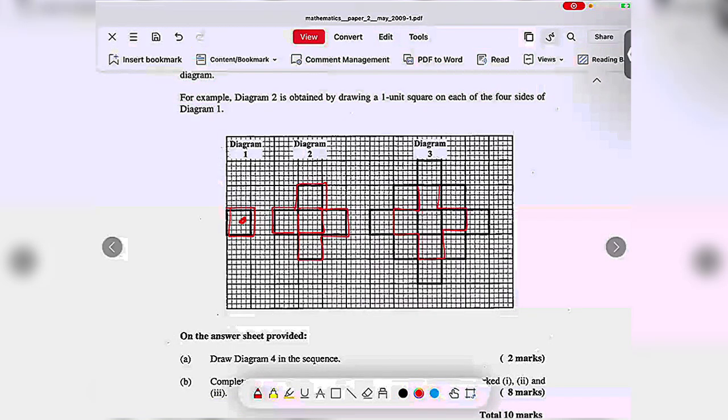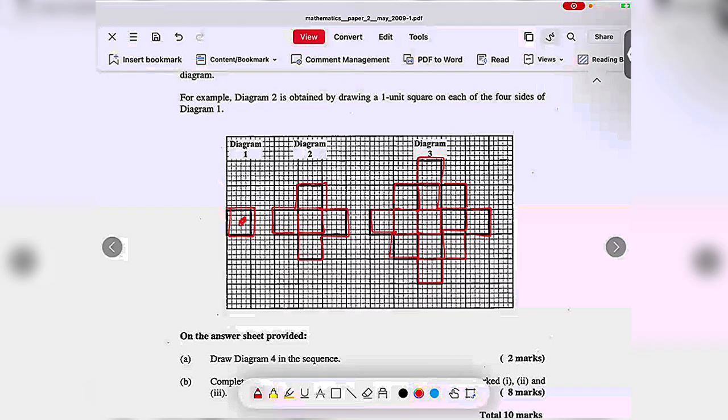Diagram 2 is right here, and they've drawn one above it, one in each corner, and one on each side, basically filling in the empty spaces while keeping the shape the same.